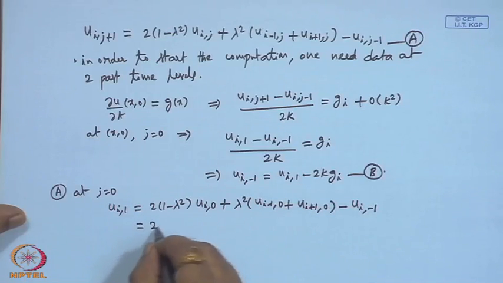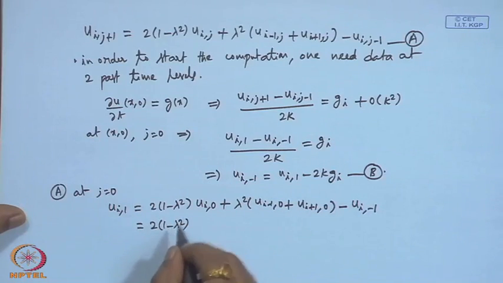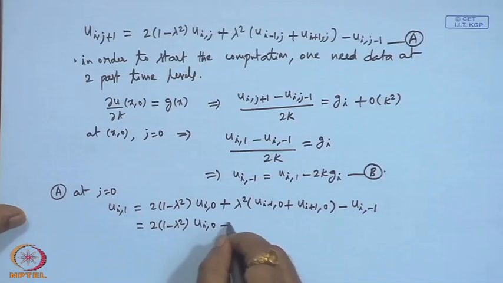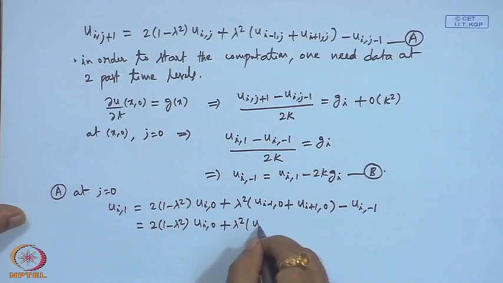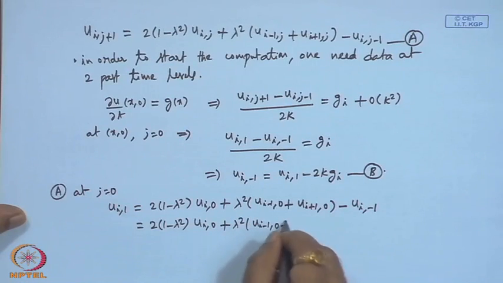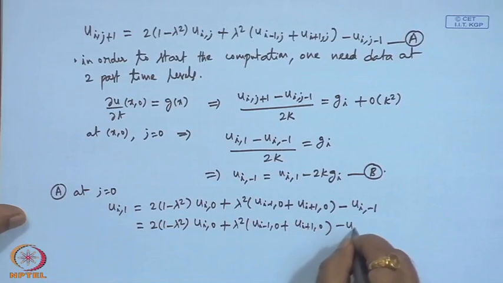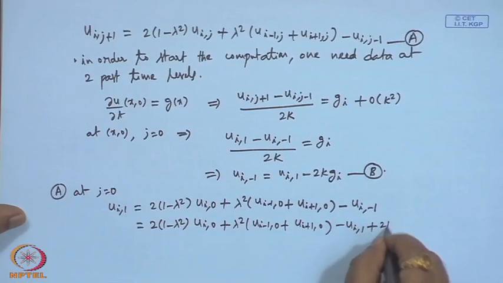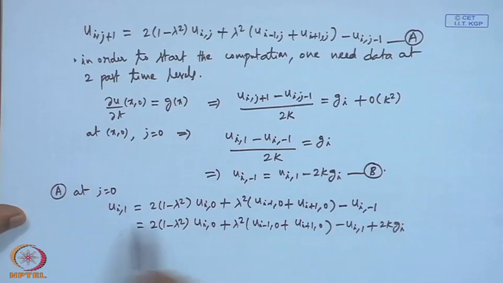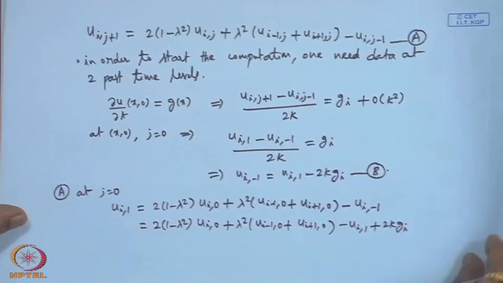So, we can multiply 2 times and then we can divide.